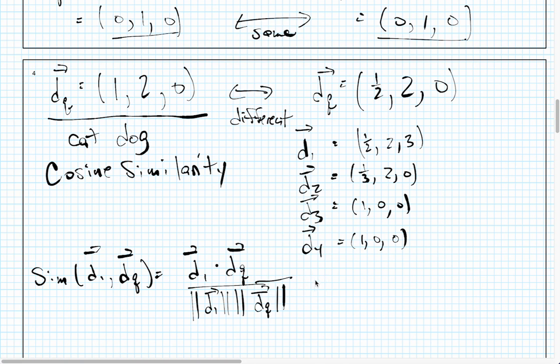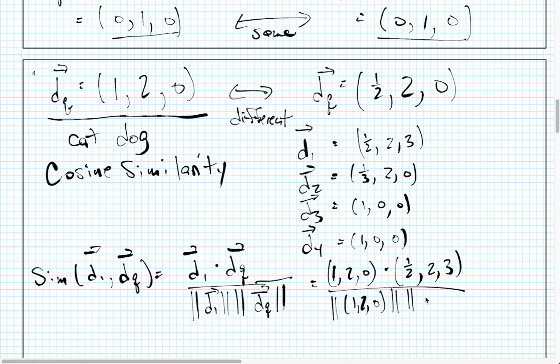So in this case, that is going to equal 1, 2, 0 dot 1/2, 2, 3 over the magnitude of 1, 2, 0 times the magnitude of 1/2, 2, 3.